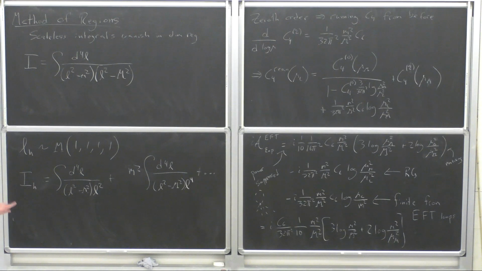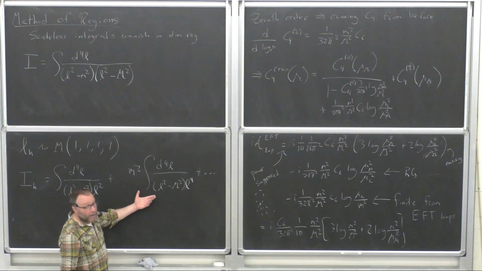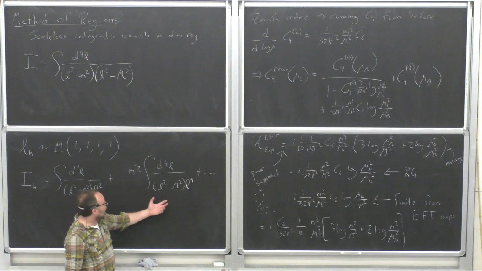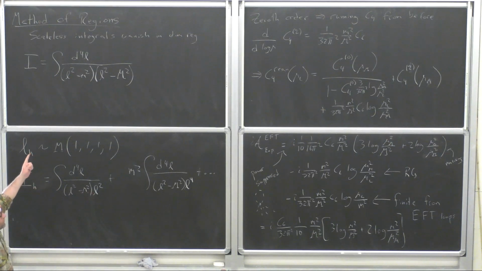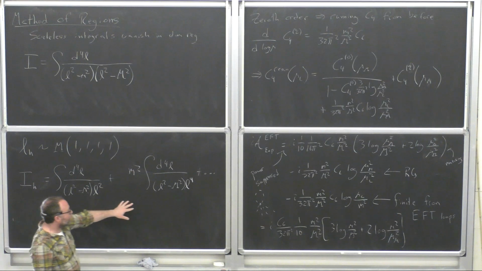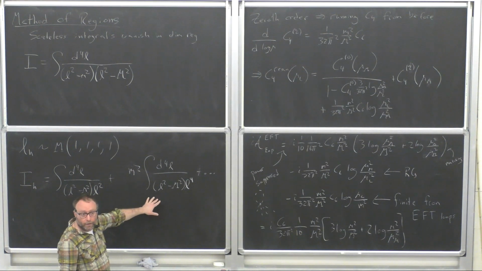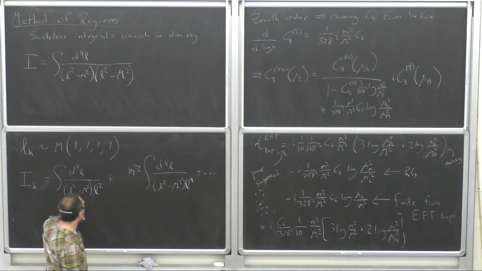Another thing you can notice here is that these higher power corrections have higher divergences. My original integral was finite in the IR, but now I'm doing something funny here, and I have to be careful about the way I think about the divergent structure.